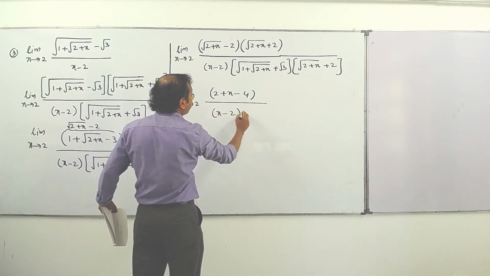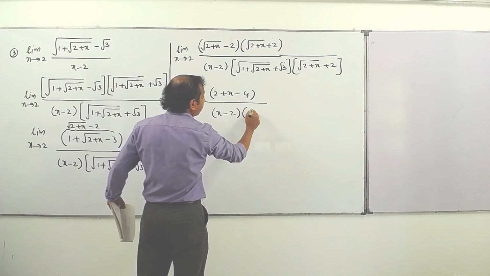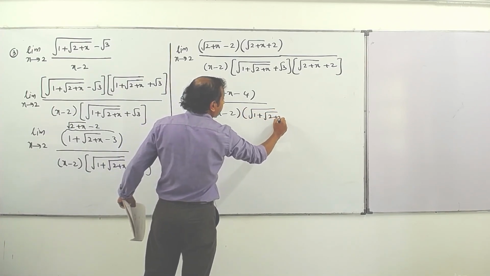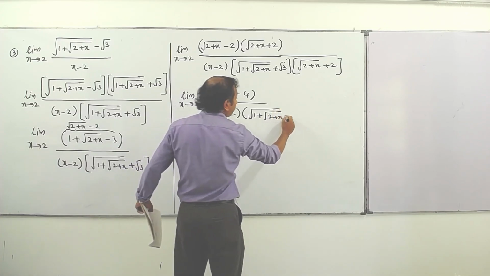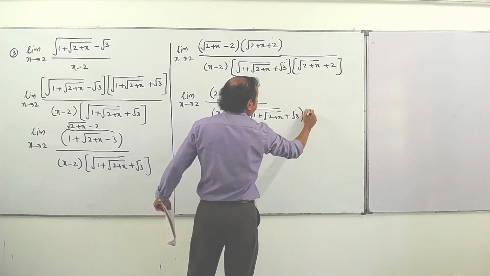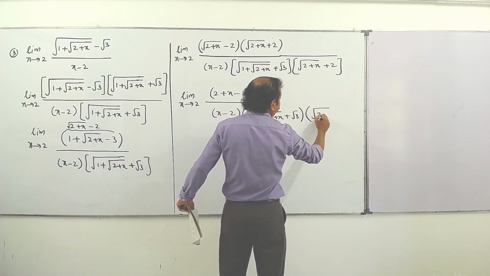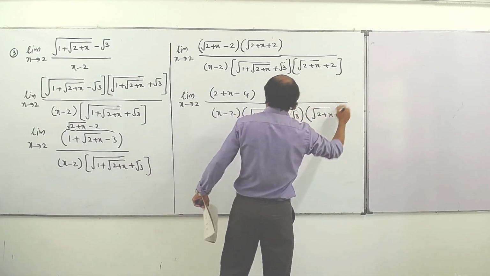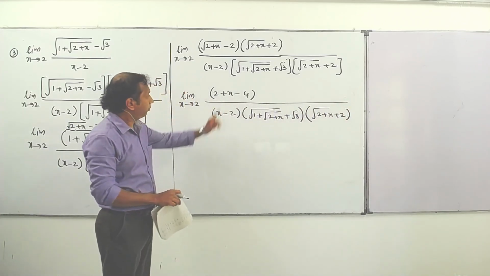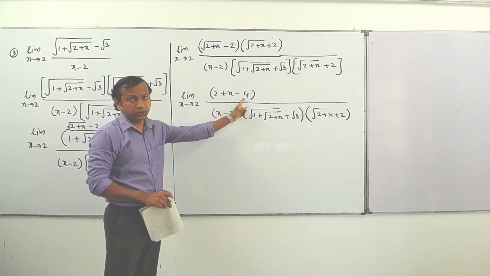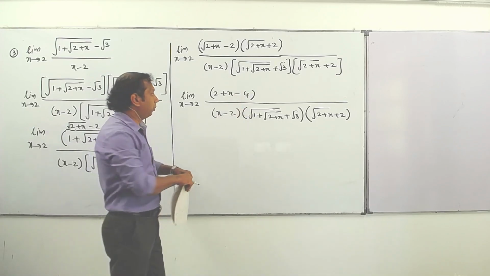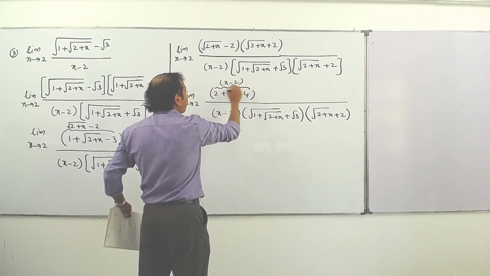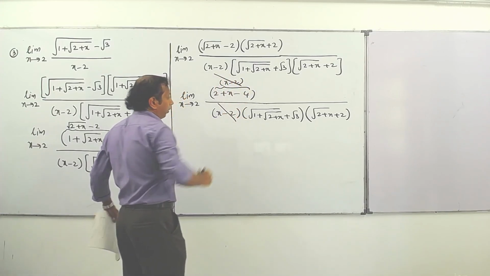Here we have this. But here 2 minus 4 is minus 2, x minus 2 coming, no? Now this and this you can cancel down.